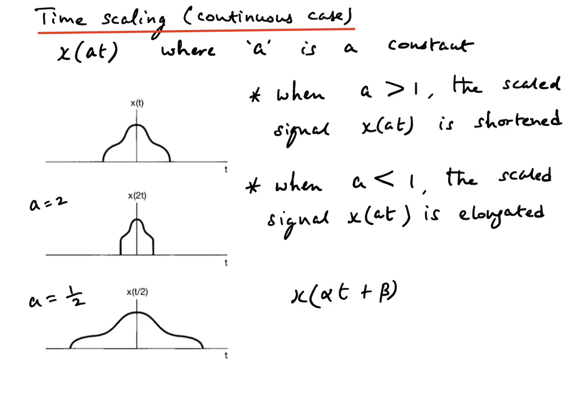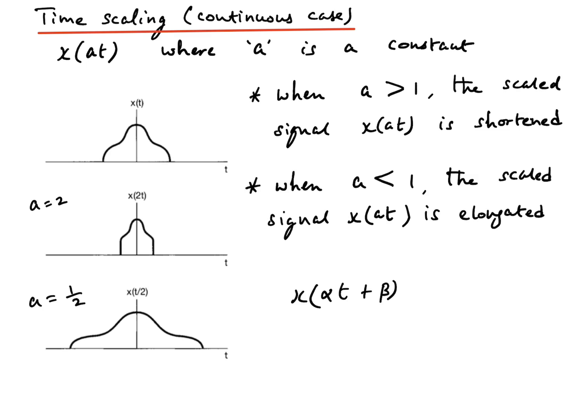If the magnitude of alpha is less than 1, then the signal will be elongated. And if alpha is positive, then it will have the same time axis, and if alpha is negative, then the time axis will be reversed as well. So depending on the combinations of alpha and beta, we will have time scaling, time reversal, and time shift.